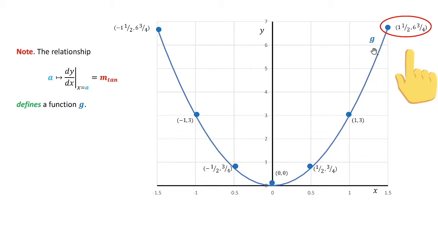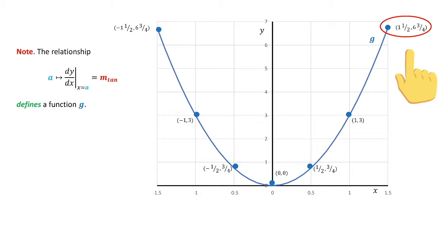So I generated another function, and this function derives from the function f. You see where I'm going with that. It's the derivative. This function, constructed in this manner, derives from the function f. Why is that important?